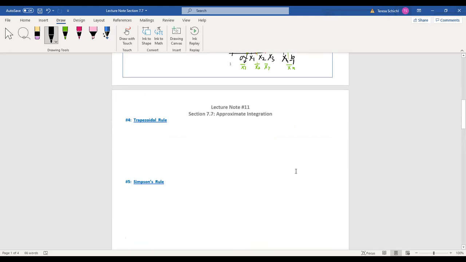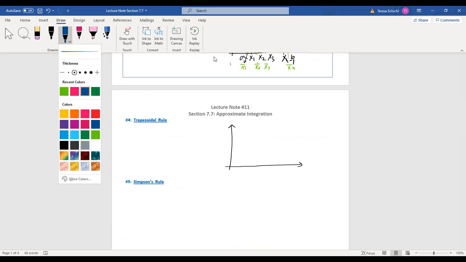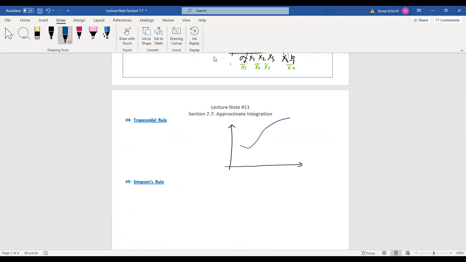Okay, so now the trapezoid. From the name, that means we want to use trapezoids instead of rectangles to approximate it. So for example, this is my f of x, this is my A, and this is my B here.